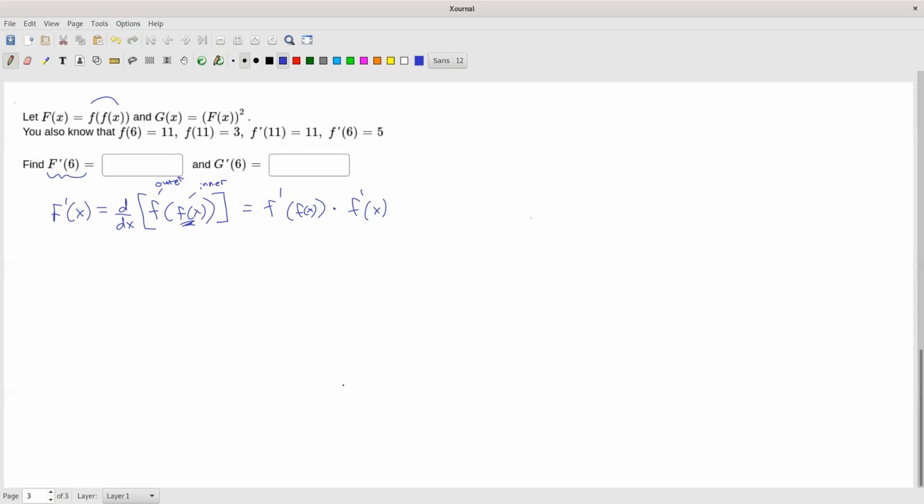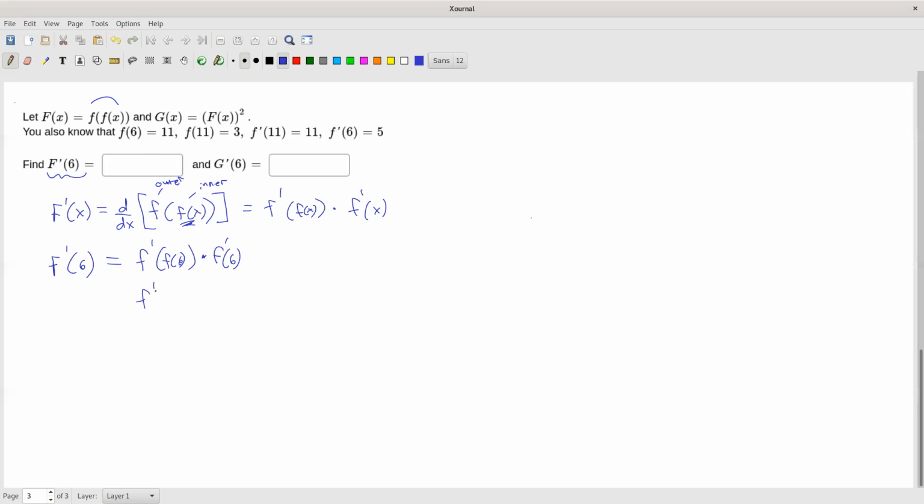So this is the derivative of a function composed with itself, which looks a bit messy, but it's not too bad. Now, once I know that, I can figure out what capital F prime of 6 is. It's just going to be little f prime of little f of 6 times little f prime of 6, which should be given above here. So f of 6 is 11.